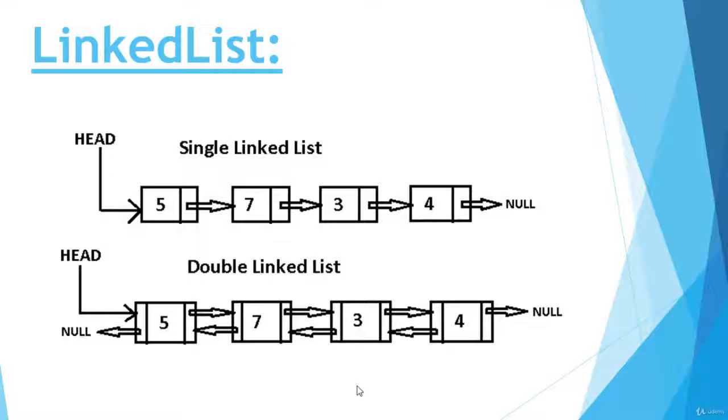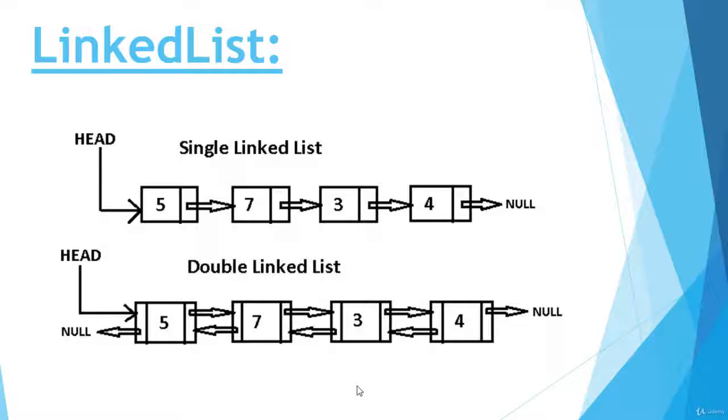And this continues until the last node, whose third portion, the address portion, contains null, because there is no node next to it. Also in a double linked list, at the first node, the first portion that contains an address holds null too, because there is no node previous to this node. But the address of the first node is stored in the head pointer, or we can say the start pointer.